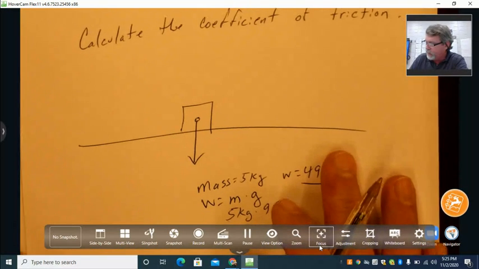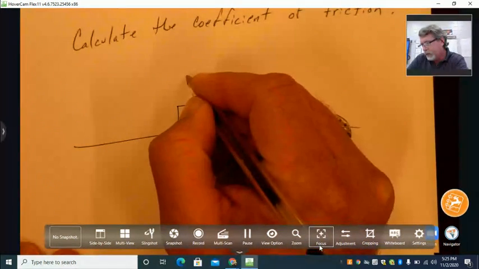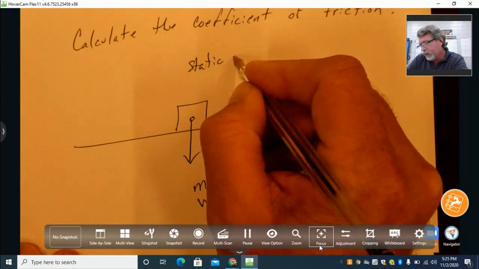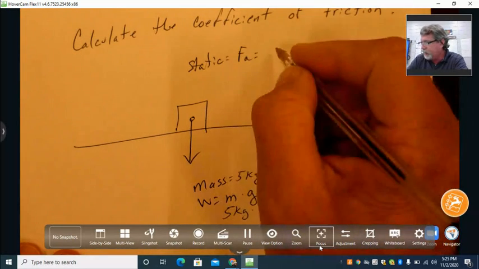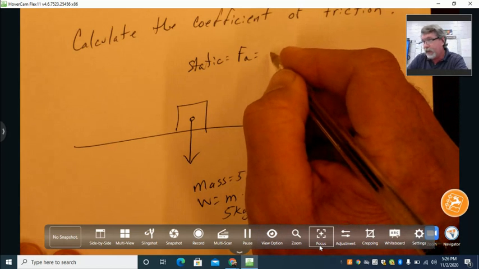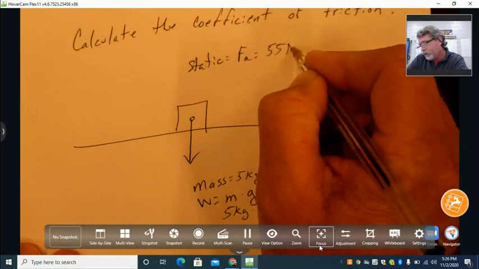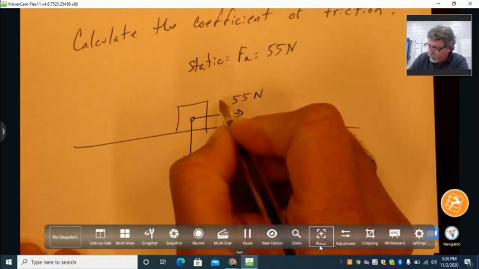All right, and so let's say this is static, and there's a force applied of, let me think about this for a second. Force applied, we'll say 55 newtons, okay? So there's a force applied of 55 newtons.